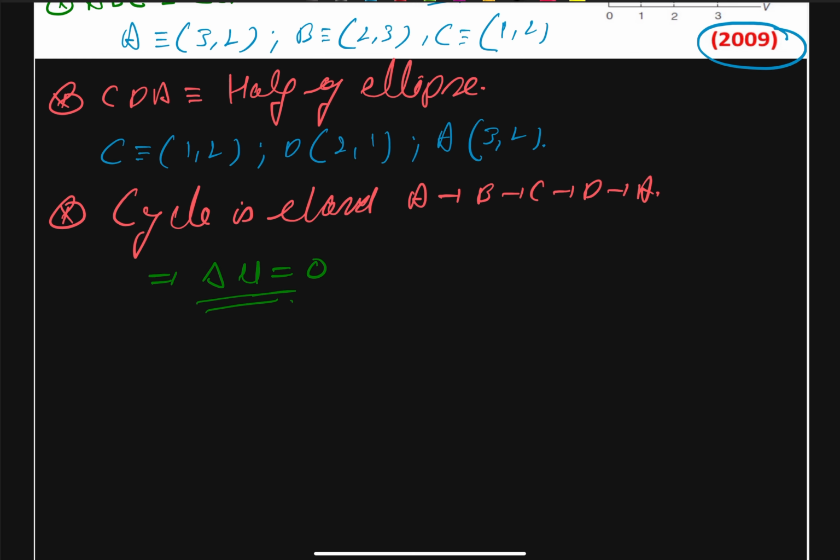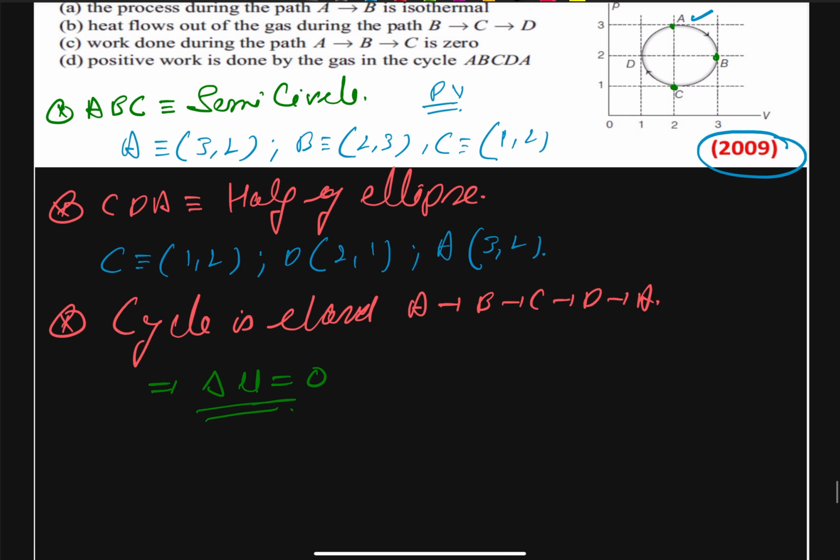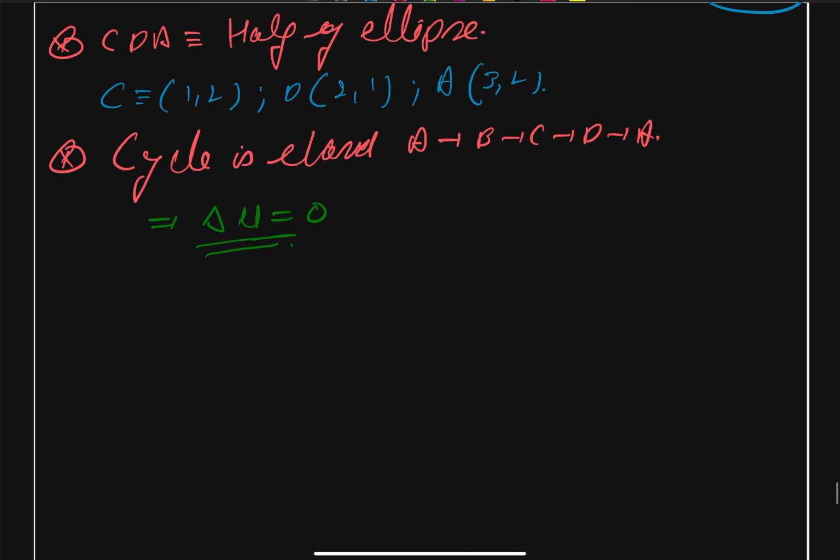And then we are going to use various processes. So let's find out, for our ABC, how the pressure and volume are going to change.